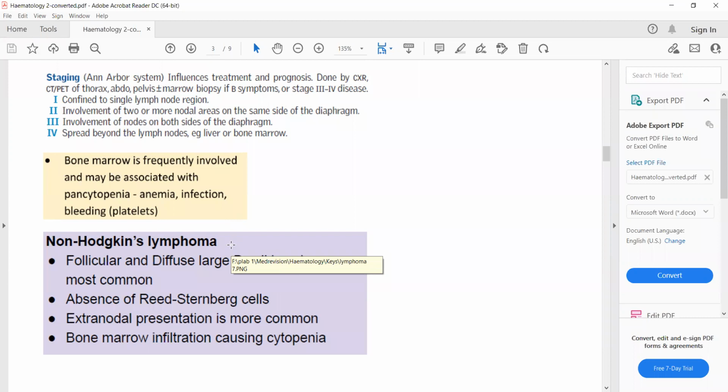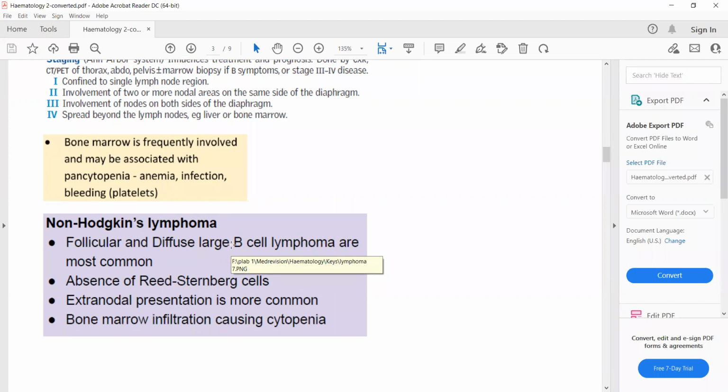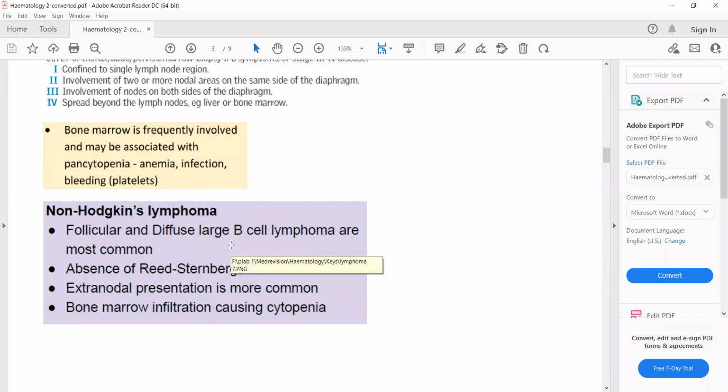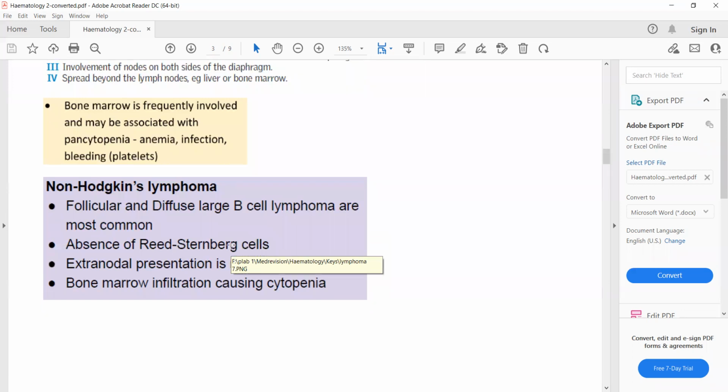And if it's spread to extranodal sites such as liver and bone marrow, then it is stage 4 lymphoma. In lymphoma, bone marrow is frequently involved, and that's why they may be associated with pancytopenia, that is anemia, infection, and bleeding.